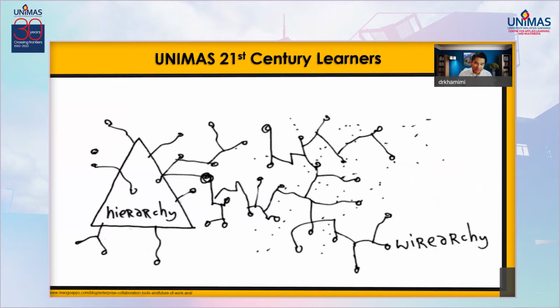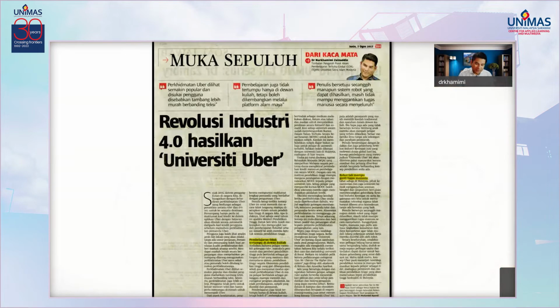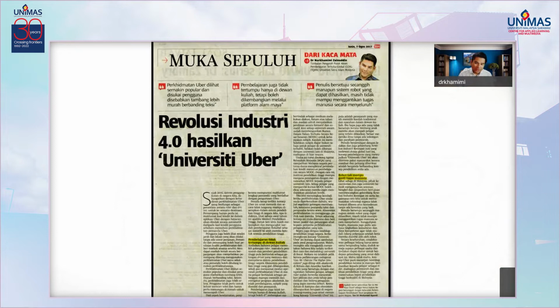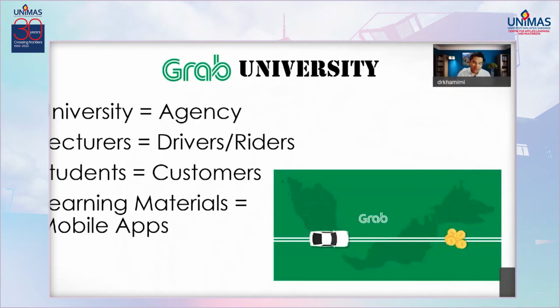And now we are having the same scenario, and we talk about the Grab University concept, whereby the university has changed into some kind of agency. Lecturers are the drivers and riders, students are the customers, and the learning materials are the mobile apps.